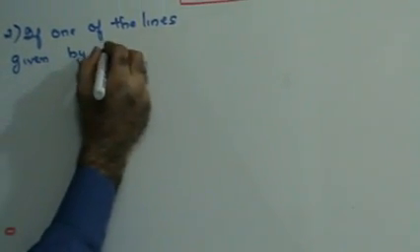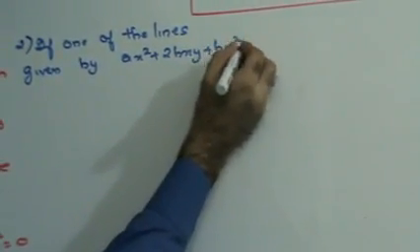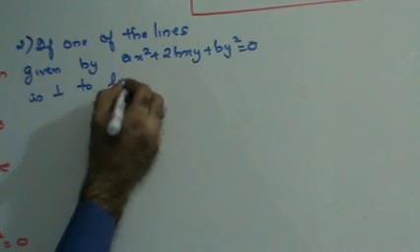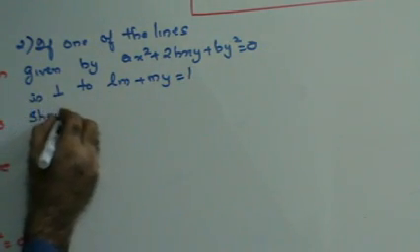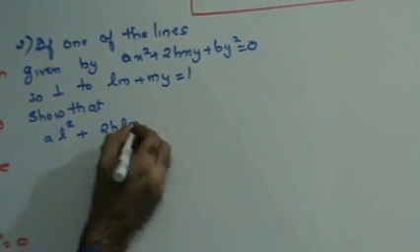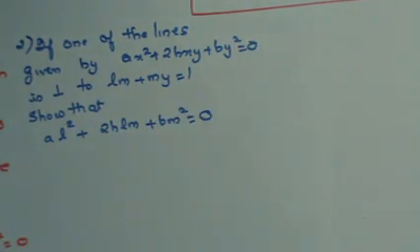If one of the lines given by ax square plus 2hxy plus by square is 0 is perpendicular to lx plus my is equal to 1, then show that al square plus 2hlm plus bm square is 0, right?